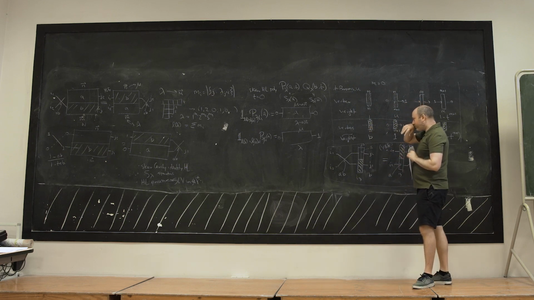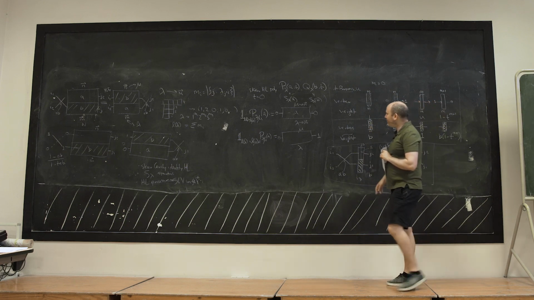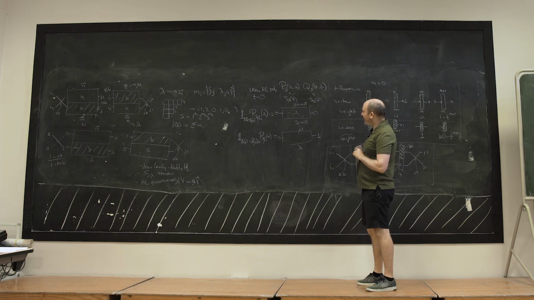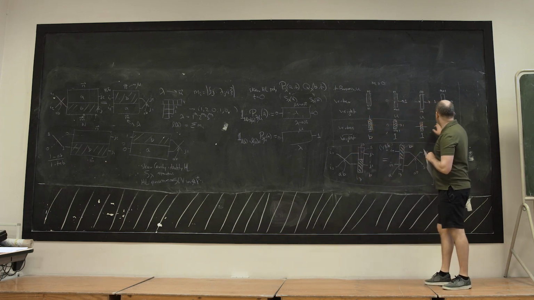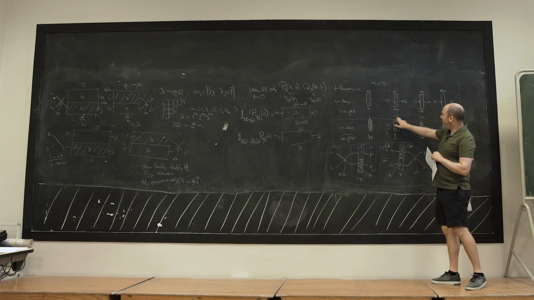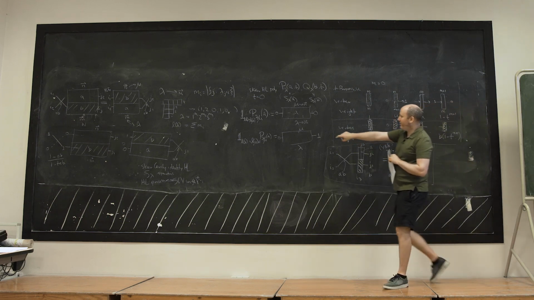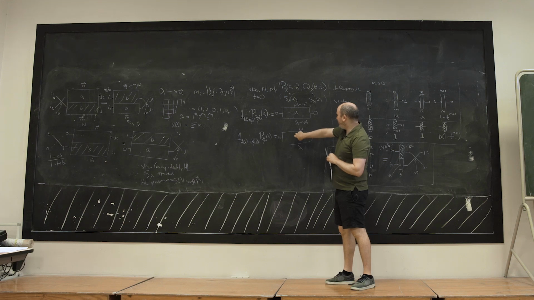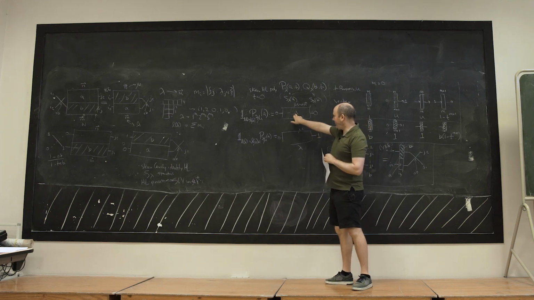Now I leave it as an exercise to check that if I set t equals 0, I actually get back to the skew-Schur polynomial. If I set t equals 0 here, I just get a weight 1. I don't have any of these t factors. And you basically see that every time I have a horizontal line, I get a factor of u, or a factor of a.